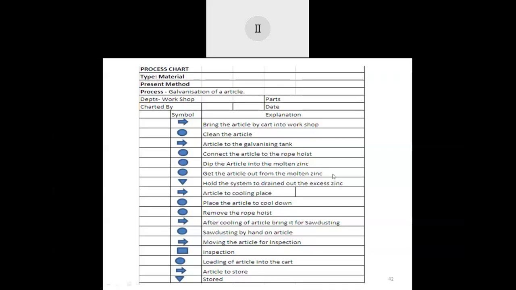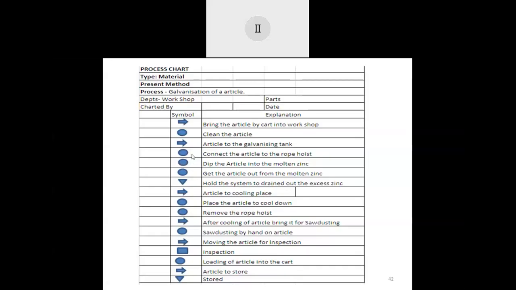Means we need to take this article and place it in the galvanizing tank, and the related operations which will be done in that galvanizing tank will be carried out. So these three circles mean there are three different types of operation going on. So you should remember that.